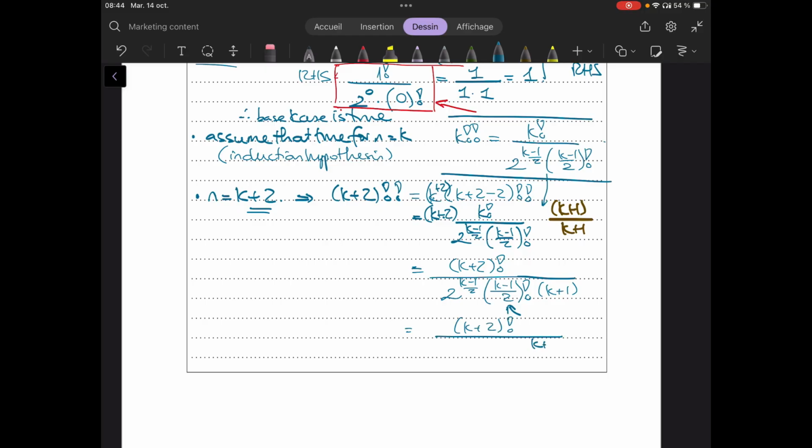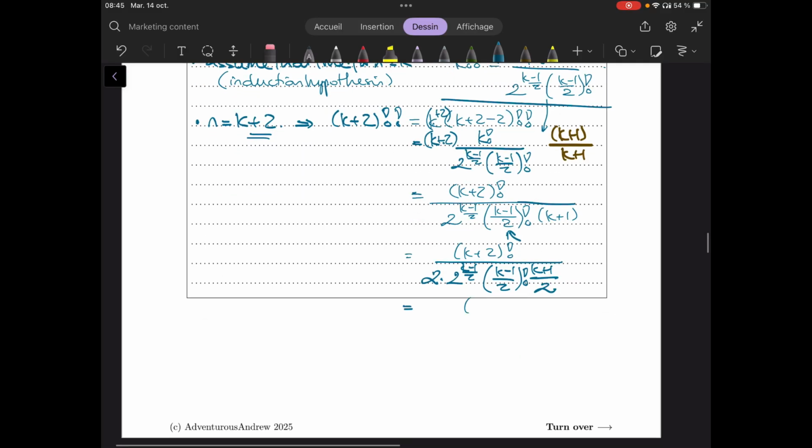So what we can do is divide this by 2 and multiply it by 2. And now you have successfully arrived at the printed answer.